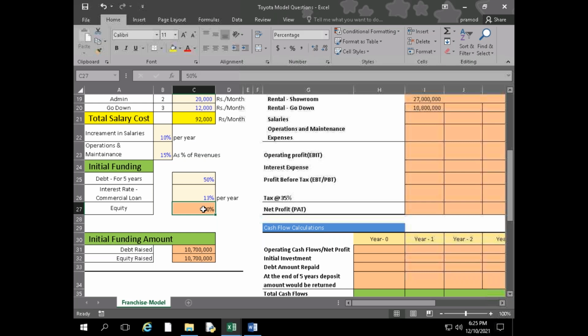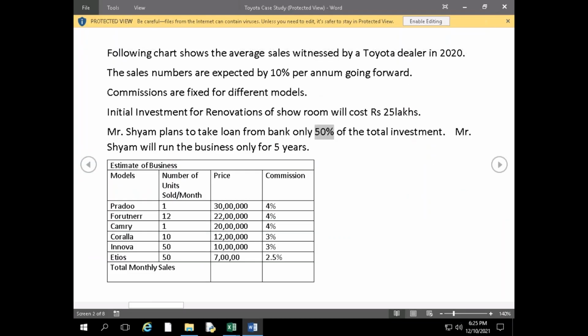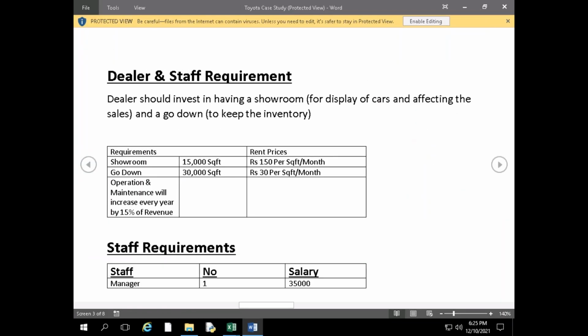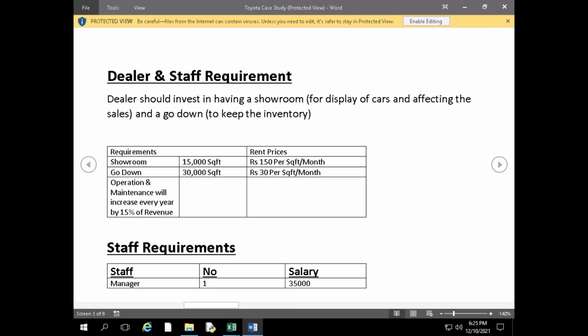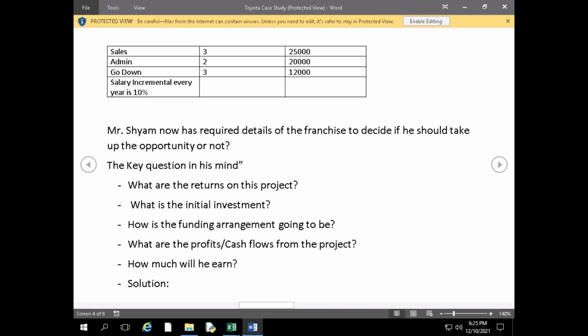So salaries, the total salary, operating expenditures. For operating expenditure, what is the calculation, sir? What value should we take? Salary, how much will we take? It is for 1 year, no? You need to do 92,000 into 12, no, sir?